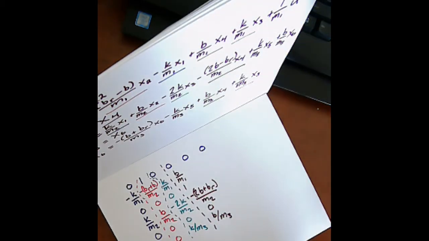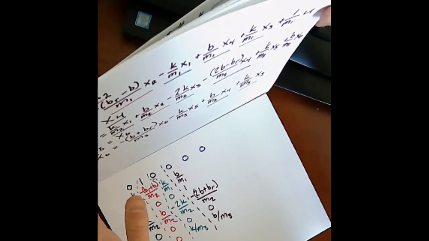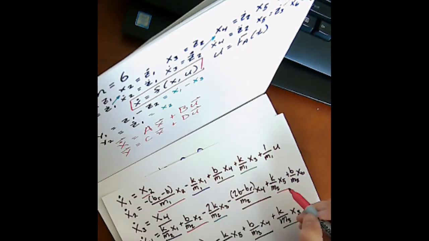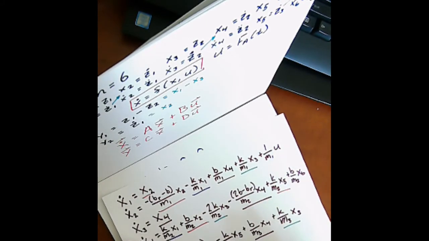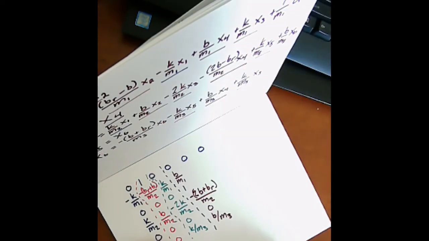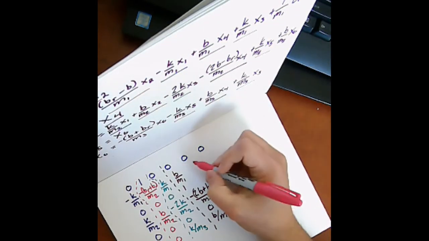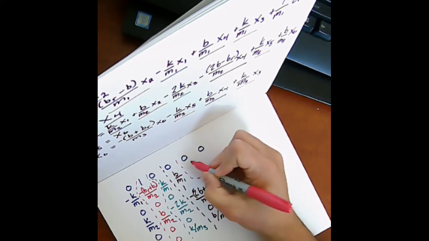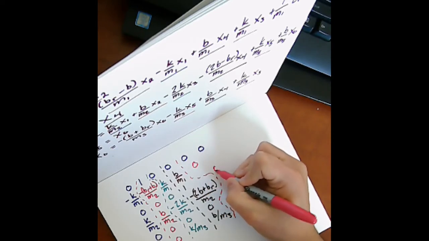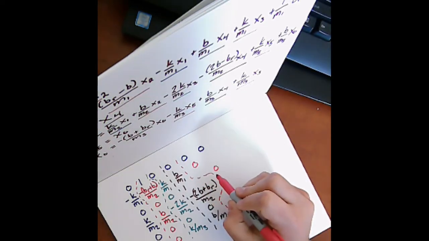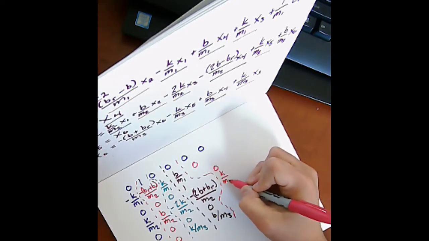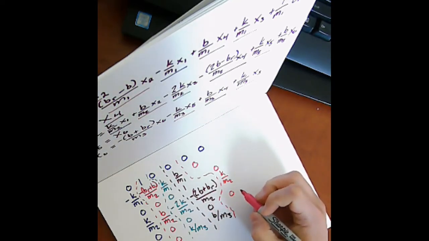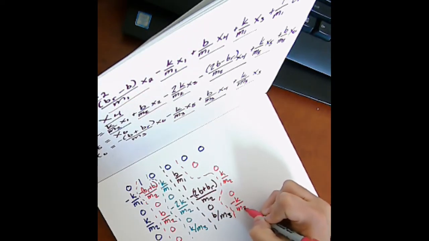All right, what about my x5s? What about them? 0, 0, 0, 0. I'm only going to have about 2 entries for this. 0, 0, 0, 0, 0, 0, k over m2, 0, negative k over m3.